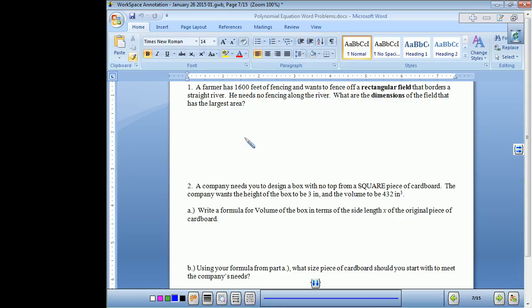Let's read the first one. The first one says: A farmer has 1,600 feet of fencing and wants to fence off a rectangular field that borders a straight river. He needs no fencing along the river. What are the dimensions of the field that has the largest area?